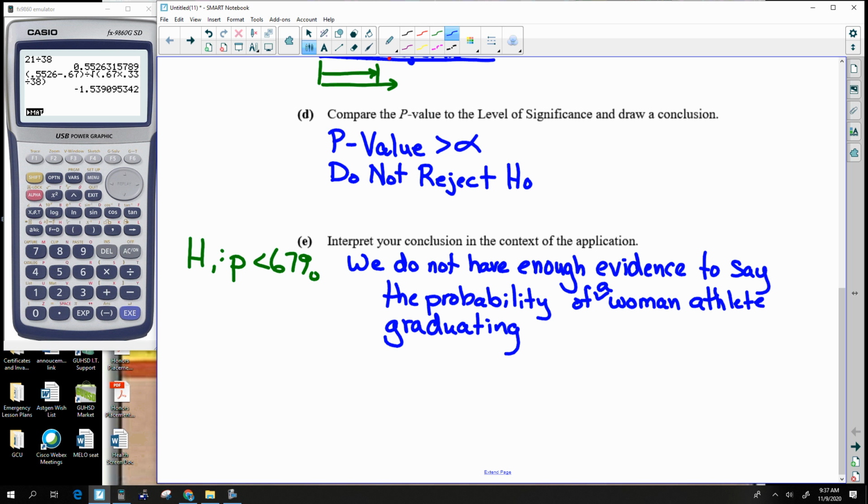Okay, that's the probability. So the probability is less than 67%. Don't get lost in the words.